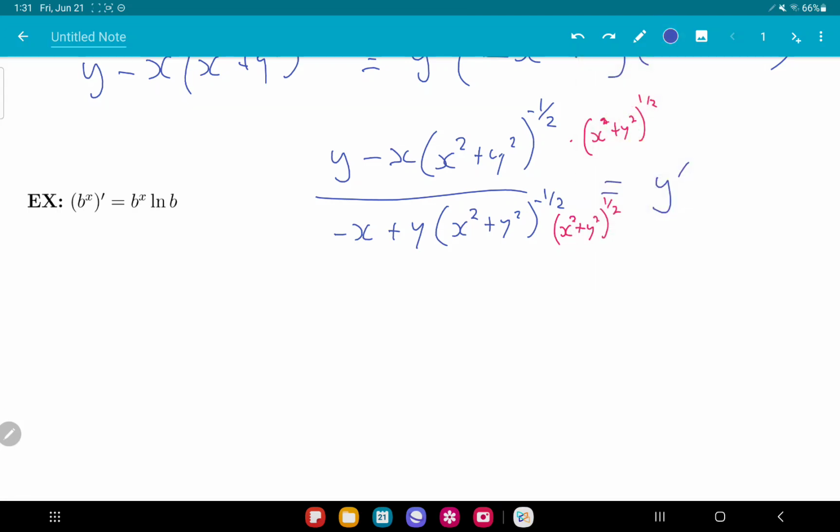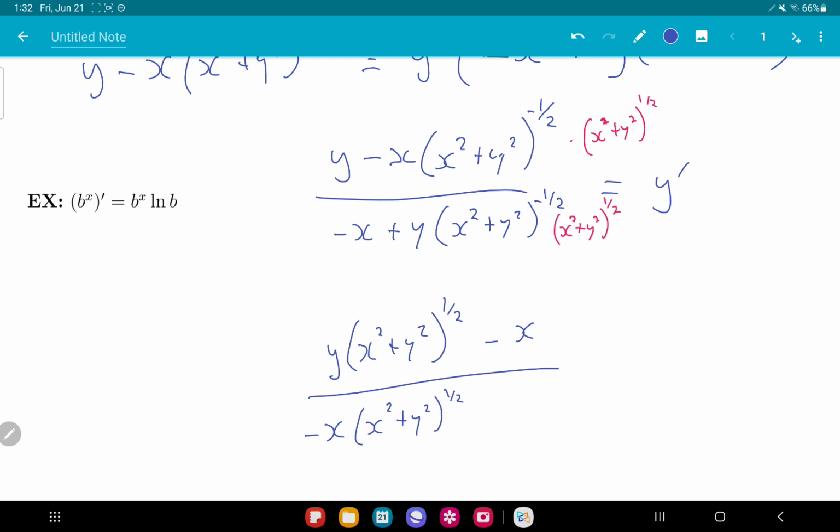So my y prime becomes y times x squared plus y squared to the plus 1/2, minus x, all divided by minus x squared plus y squared, plus y. Et voila, there is my y prime.